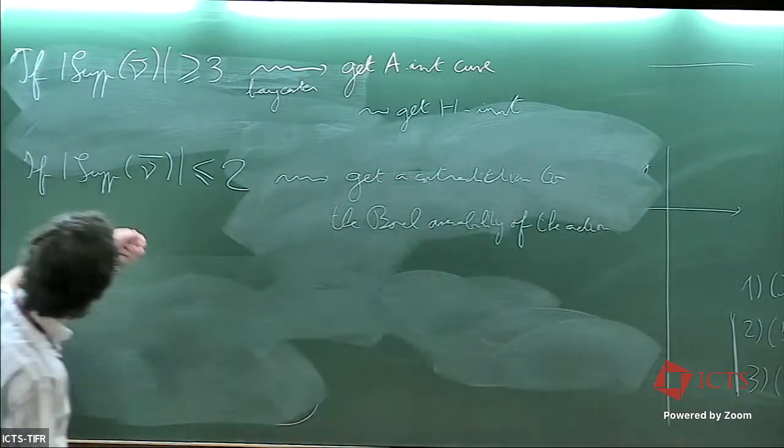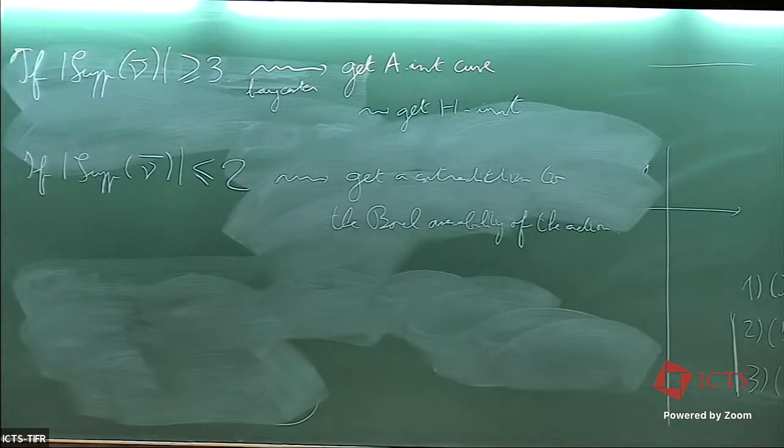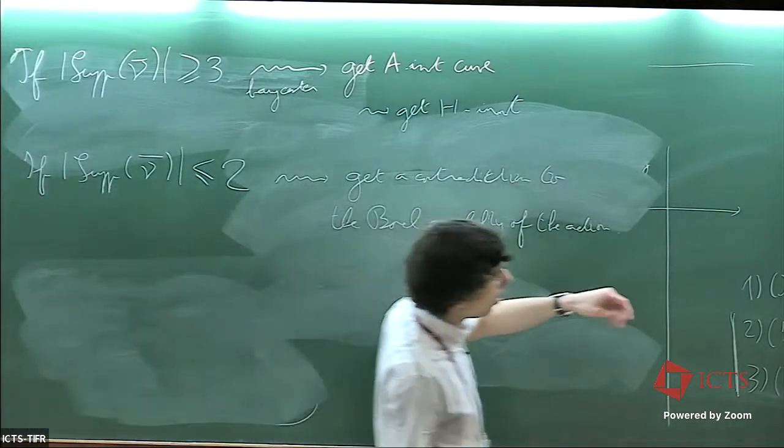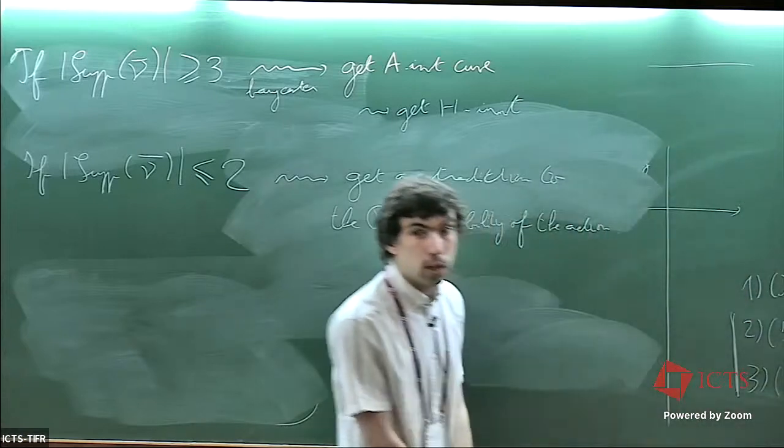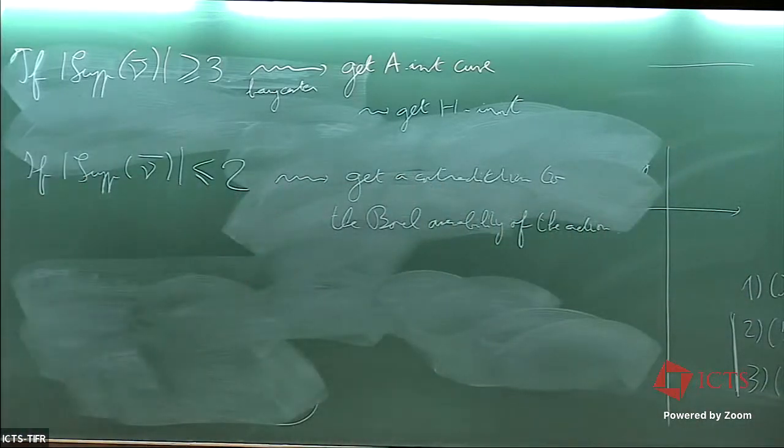Right, because you would have a canonical set of at most 2 points that's A-invariant, therefore it should be H-invariant. And this contradicts the fact that point stabilizers at infinity are amenable, or in its dynamical version, that the action on the boundary is Borel amenable.